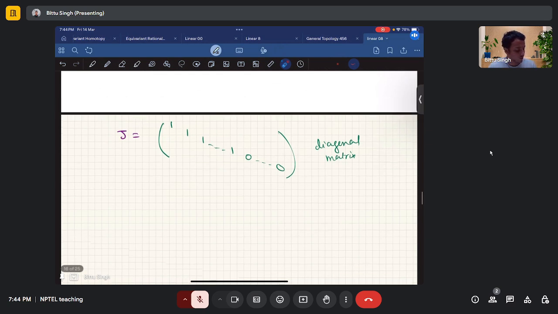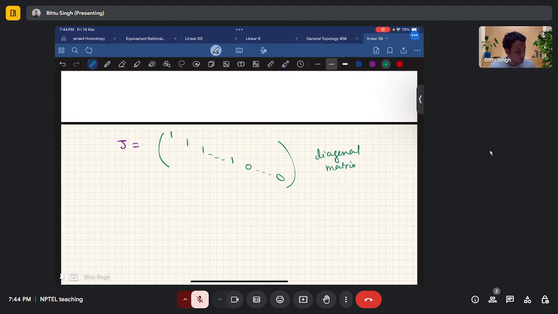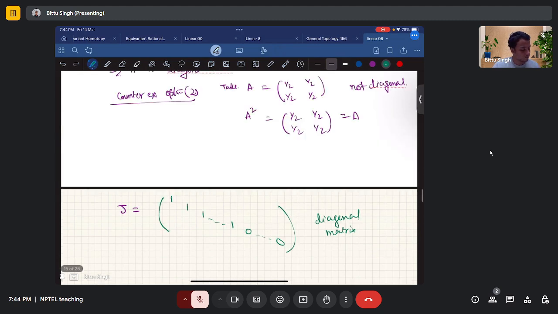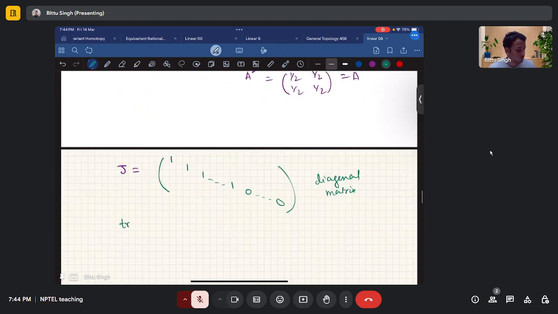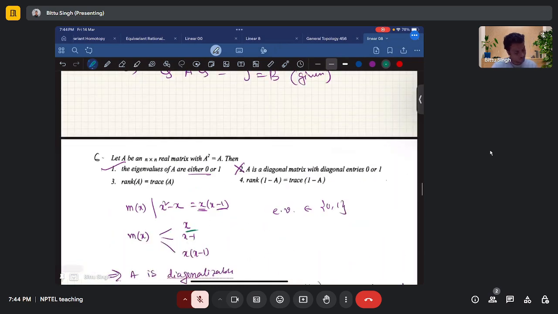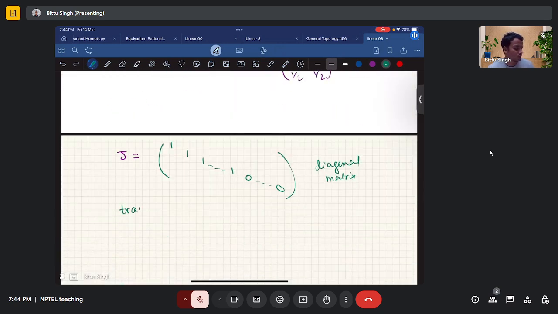Now, what is the trace of A? We see trace of J is the same as trace of A. Trace of A is the sum of eigenvalues, and eigenvalues are unchanged if we take similar matrices; they have the same eigenvalues, right? Therefore, their trace will be the same.